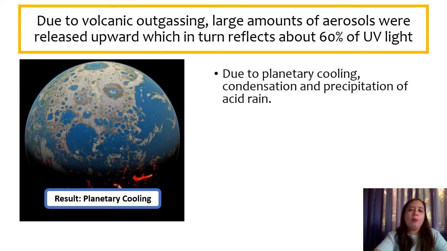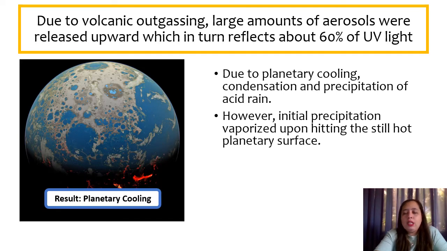So, due to planetary cooling, there's condensation and precipitation of acid rain, my dear students. Our primitive thin atmosphere is made up of outgases, so it is more acidic.